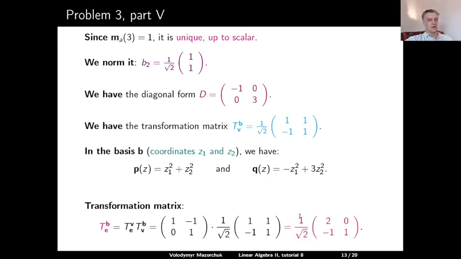When we multiply, we will get 1 divided by the root of 2 times 1 plus minus 1 squared, 2, 1, minus 1, 0, and then here minus 1, 1. So this is a transformation matrix from the standard basis to the basis in which both forms are diagonalized. So this completes problem 3.